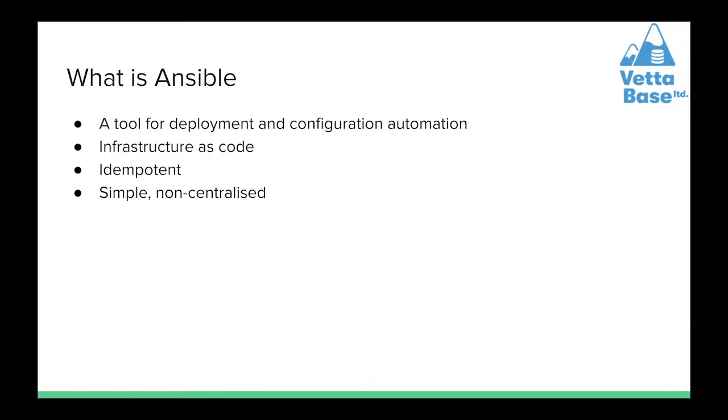So, for example, you can use it to deploy a new server, what runs on it, how the software is configured, and every aspect of your server, basically. It follows the infrastructure as code approach, so everything is described with a domain-specific language based on YAML.